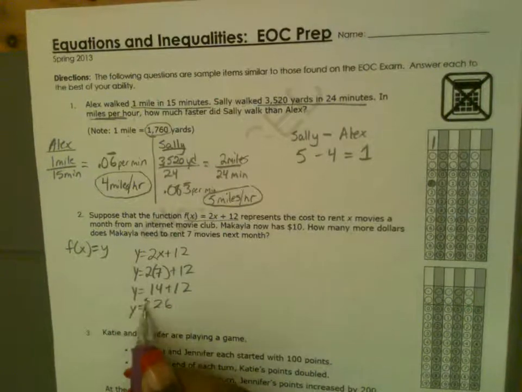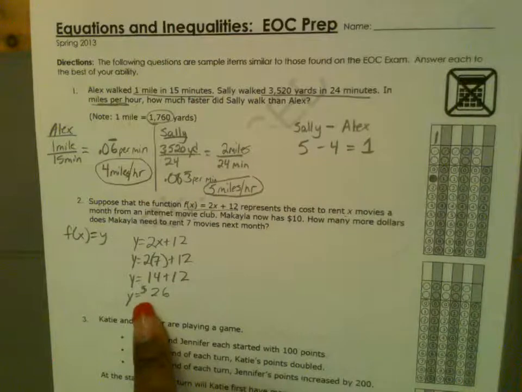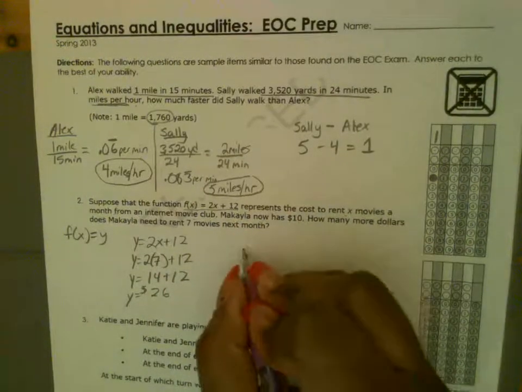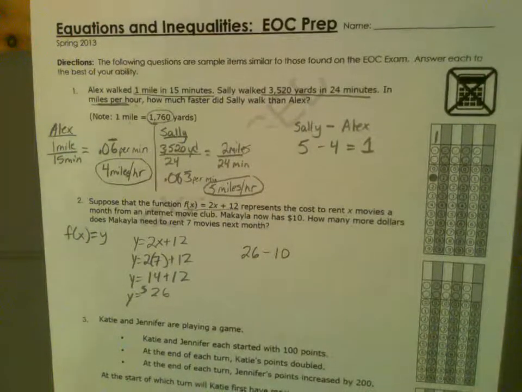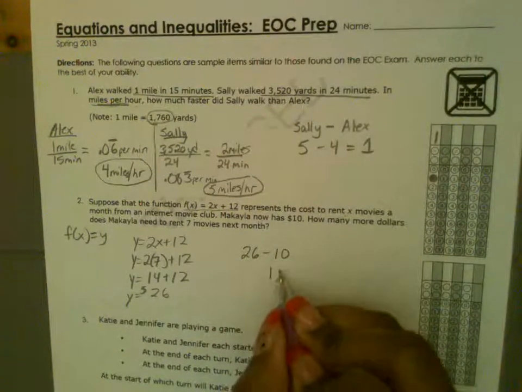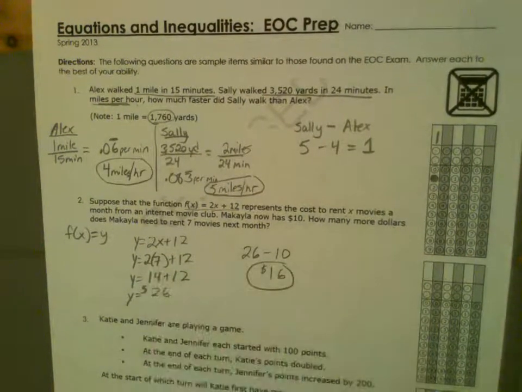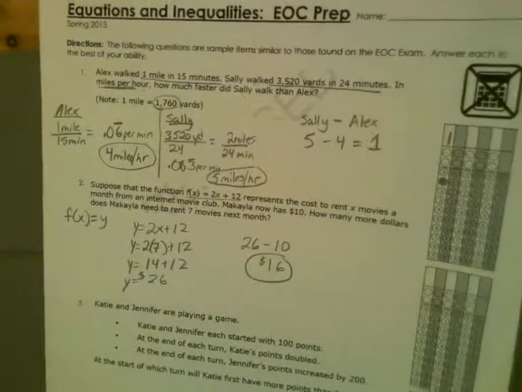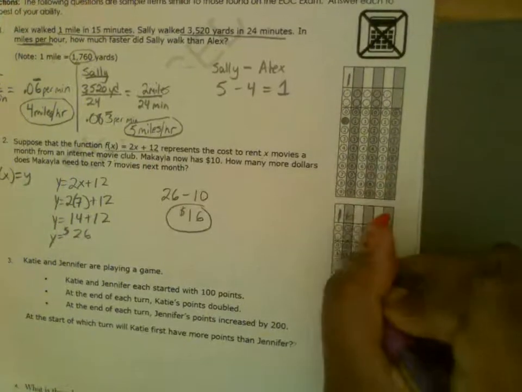So it's going to be $26 for 7 movies, and she only has 10. So you're going to say this $26 that's needed minus the $10 that she has, and she needs 16 more dollars. Okay? So it's $16 more that she's going to need. So we're going to put 16 here.